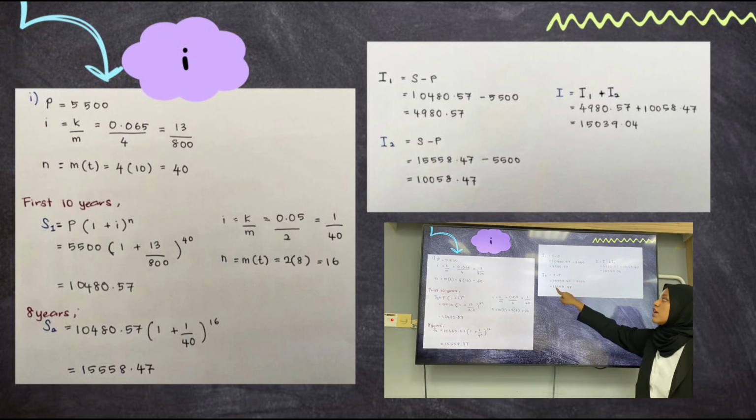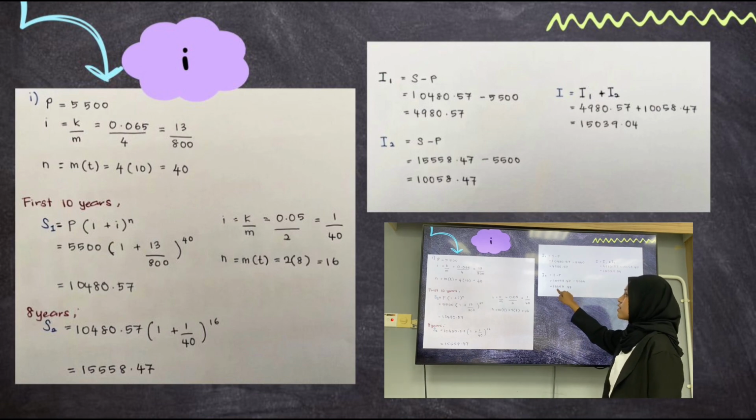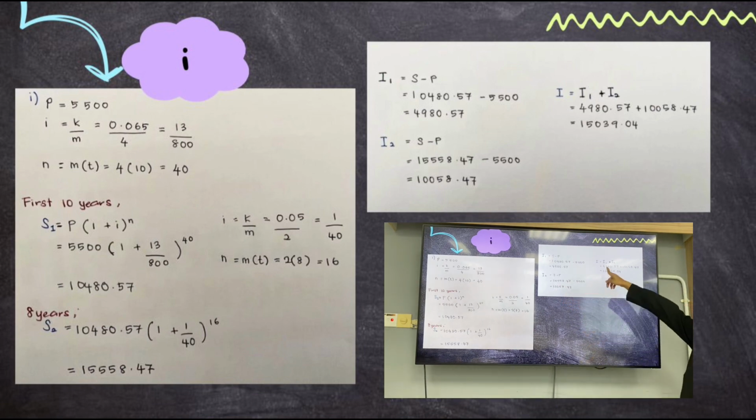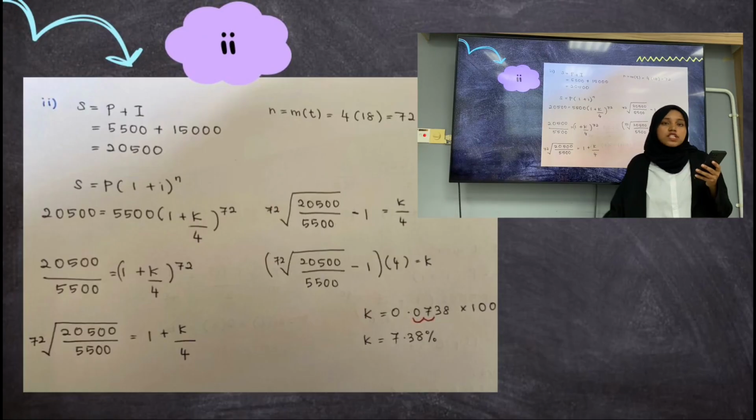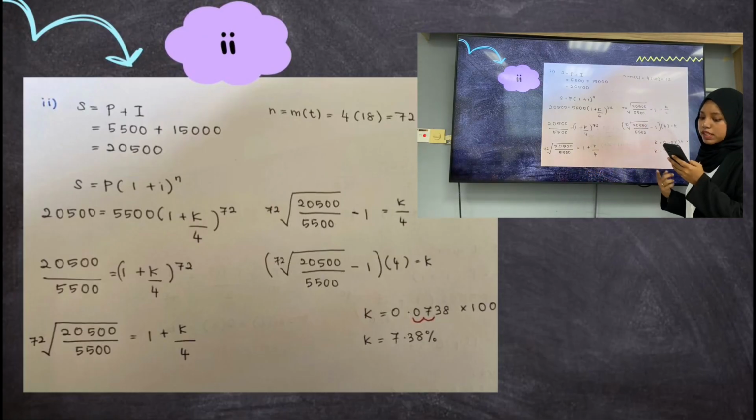So the answer is 10058.47. To find the total interest, we add I1 and I2, which is 4980.57 plus 10058.47. So the last answer is 15039.04.